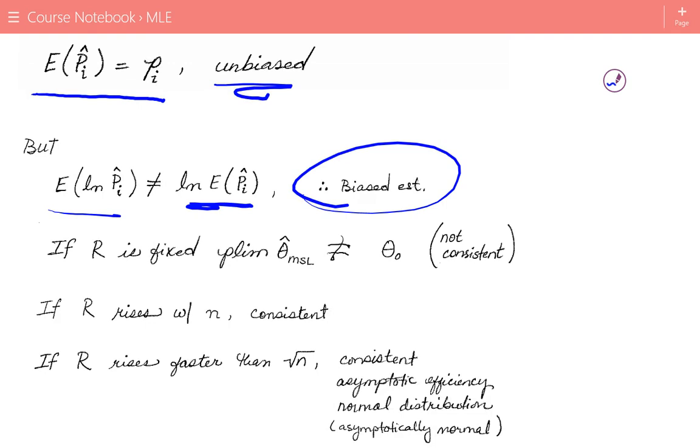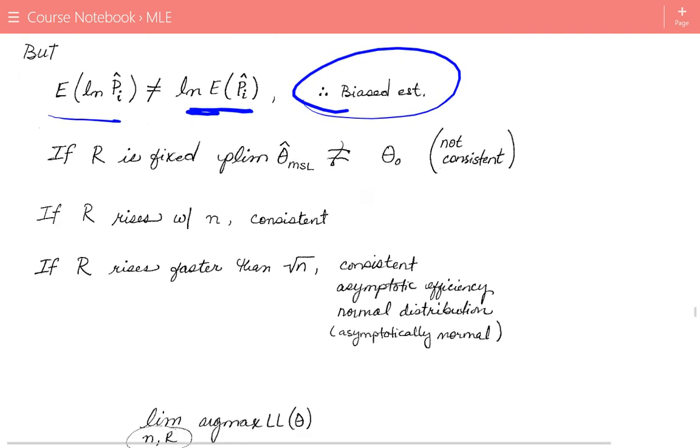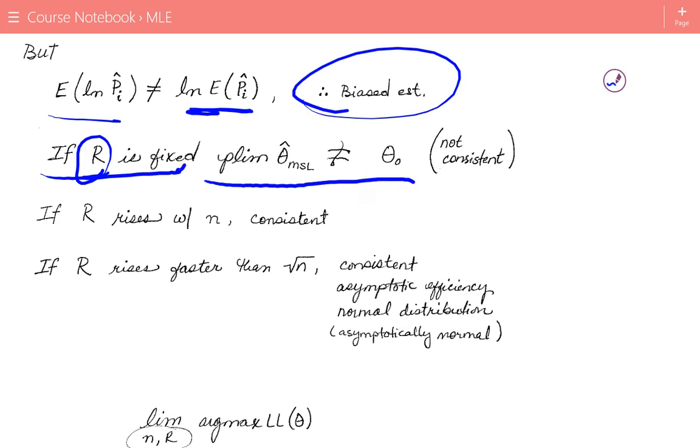What are the consequences of this? Well, again, even as we start in maximum likelihood, we're not generally known to be unbiased in general. So I guess that's not that great of a concern. The concern is, what does it do to our asymptotic properties? It turns out that if R, which is the number of sample points you use to get the integrals, is fixed at any value, then the probability limit of the maximum simulated likelihood estimator is actually not the true value, which means that it is not a consistent estimator.